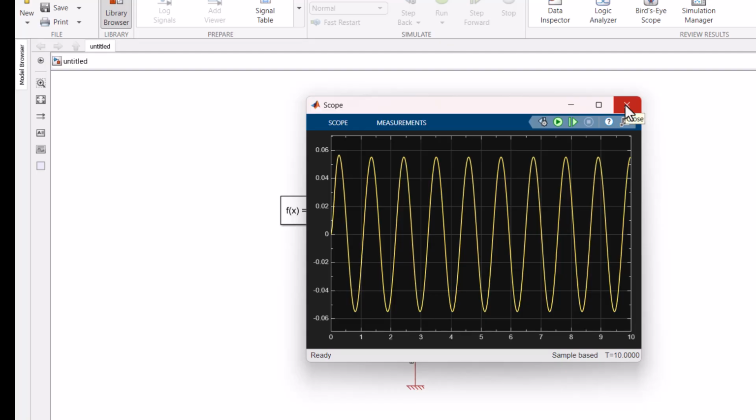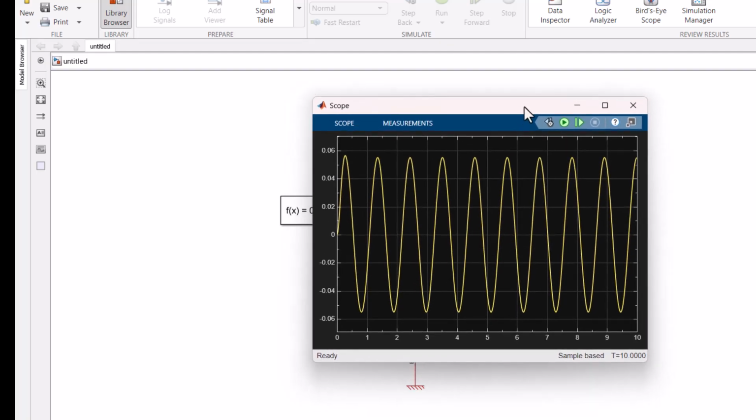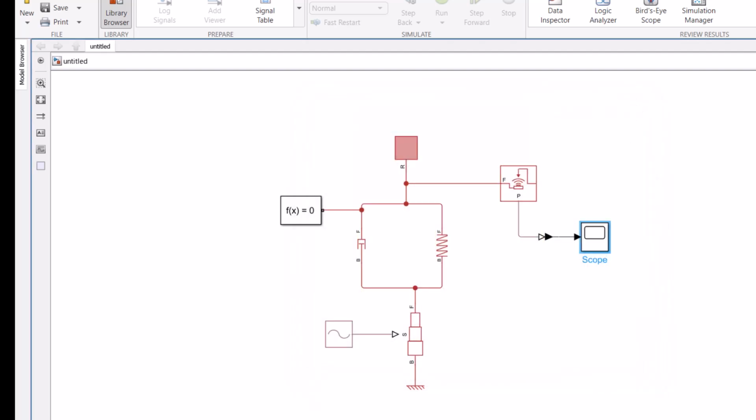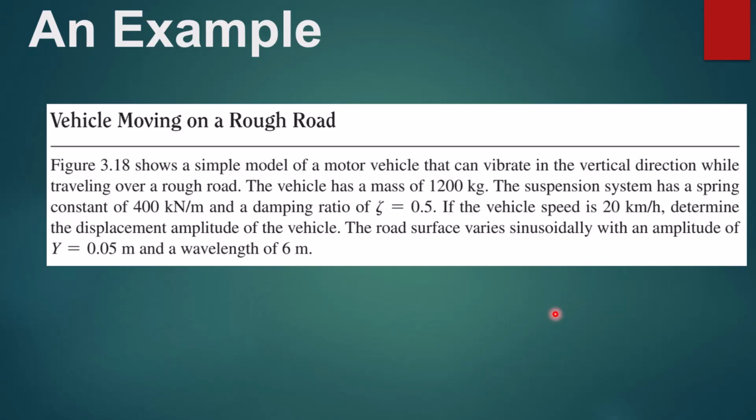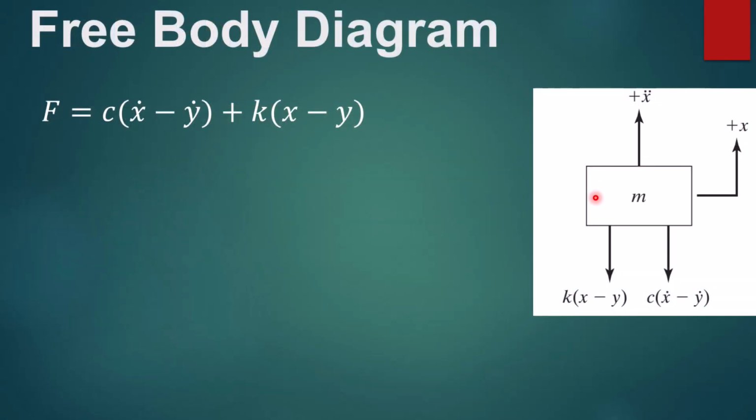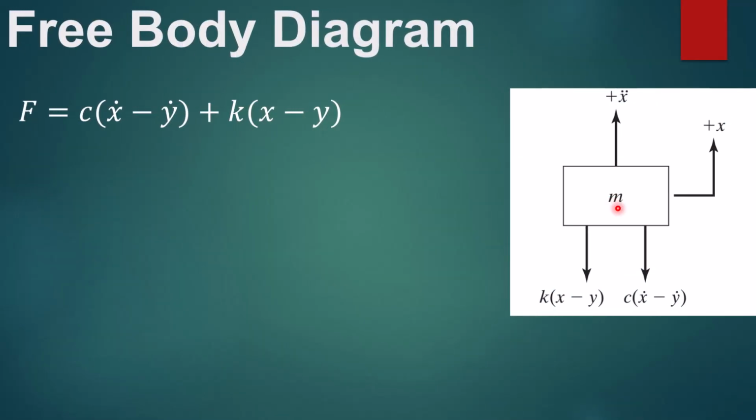And I'm not going to stop here. I just want to show you how to ask for the force exerted on this mass. And if you look at the free body diagram of this mass, there are only two forces acting on this mass. One of them is the spring force and the other one is the damper force. And you know both of them.